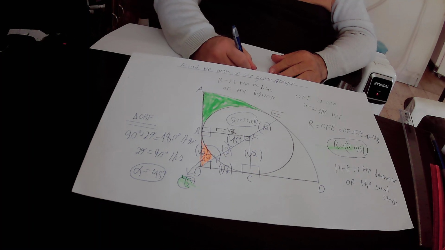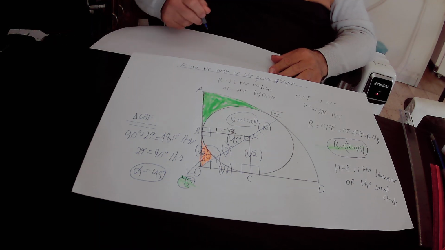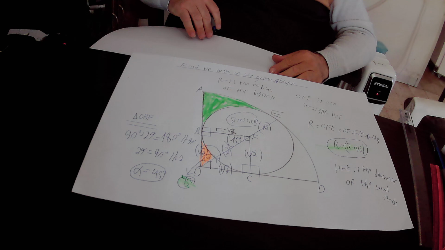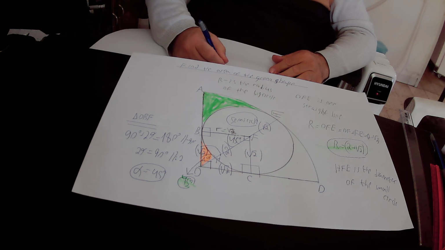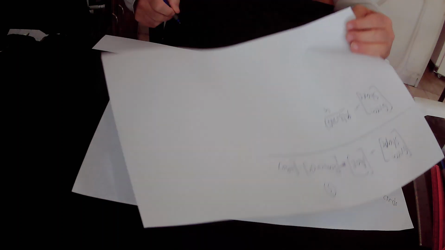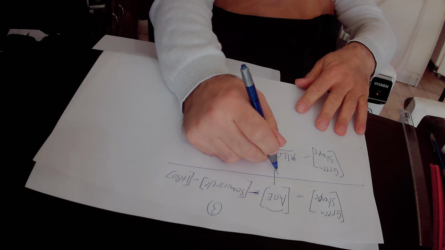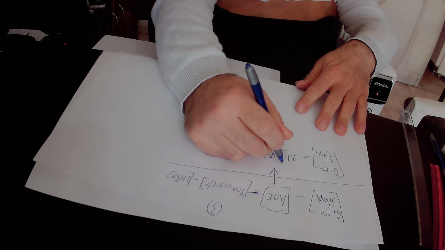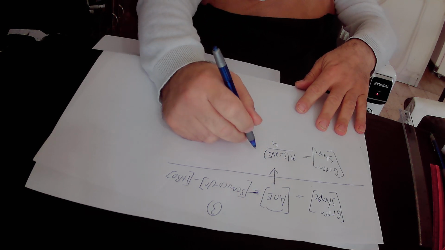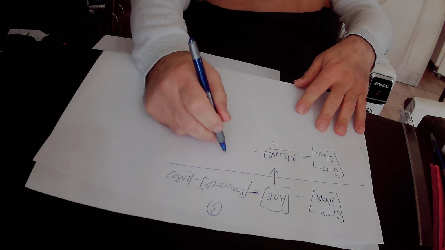So the area of the green shape equals the area of sector AOE. We have already found that the area of sector AOE equals pi times 3 plus 2 times square root of 2, over 4 square units. Here the area of the big sector AOE equals this expression, minus the area of the small semicircle.